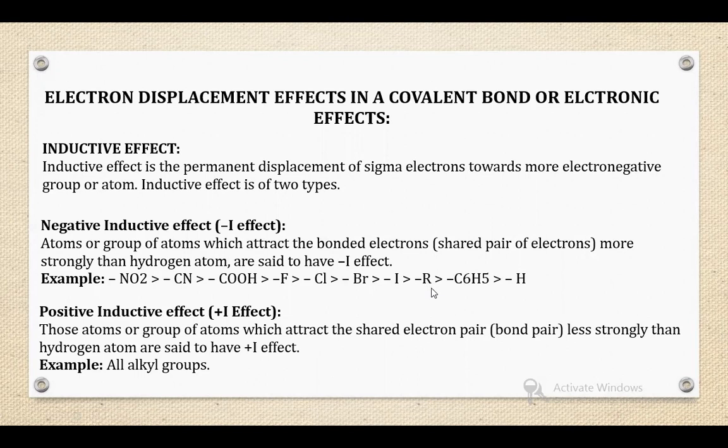We'll see this in terms of electron withdrawing and electron donating groups. Before that, we need to see the important features of inductive effect. How will it be considered? Is it a permanent effect or a temporary effect?